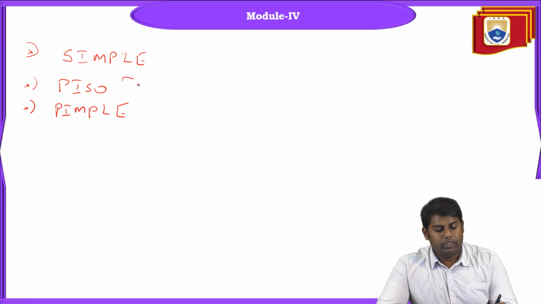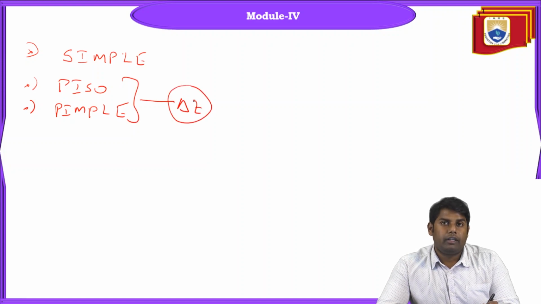Out of these, two depend on delta t, in the sense that their Courant number is calculated at each and every iteration, and you need to ensure the Courant number is always less than 1. We need to maintain that. If you are not maintaining it, the simulation is stopped or made to come back.